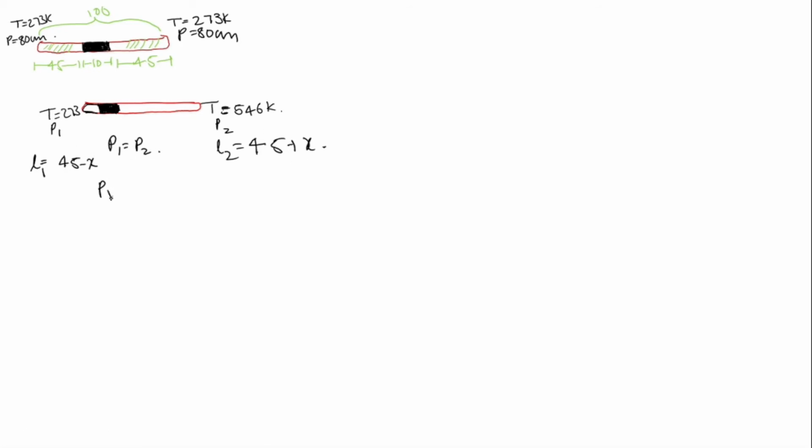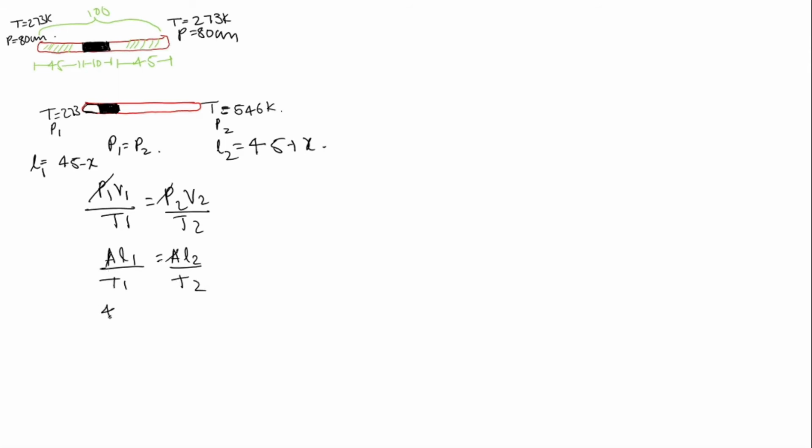We know P1 V1 by T1 is equal to P2 V2 by T2. P1 is equal to P2, so both will get cancelled. Volume can be written as area into L1, area will be same, by T1 is equal to V2, which is nothing but A into L2 by T2. Area will be same, so area also will get cancelled.